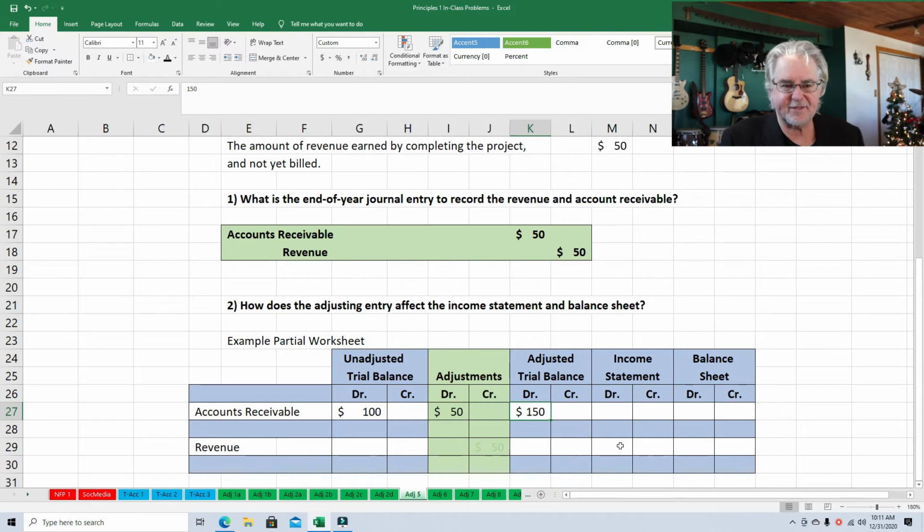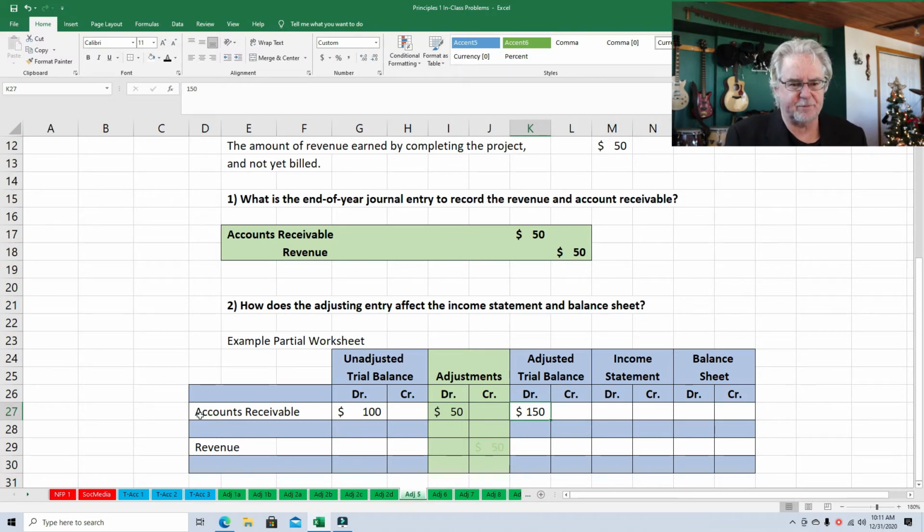Lastly, we have to decide what financial statement it goes on. On the income statement, there are only two things: expenses and revenue. Nothing else goes on the income statement. Accounts receivable is not an expense. Accounts receivable is when people owe you money, so it's considered an asset.